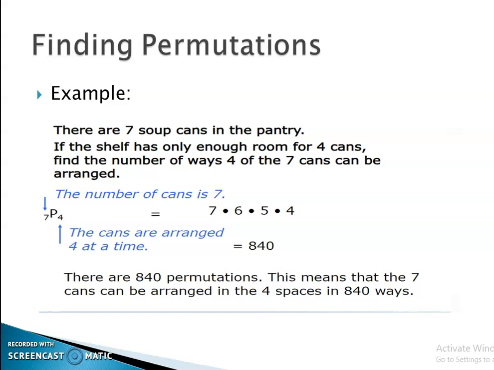Simplifying this expression, the number of arrangements is 840. From 7 cans, taking 4 at a time, there are 840 permutations. This means that the 7 cans can be arranged in the 4 spaces in 840 ways.